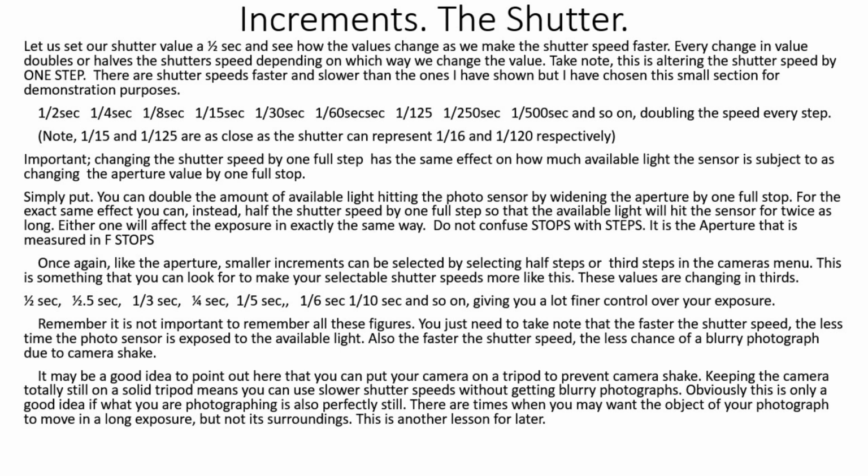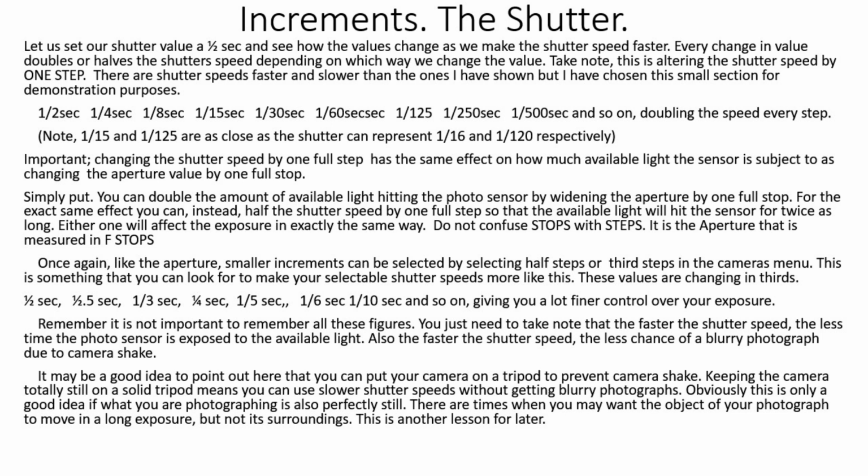There are shutter speeds faster and slower than the ones I have shown, but I have chosen this small section for demonstration purposes. 1/2 of a second, 1/4 of a second, 1/8 of a second, 1/15 of a second, 1/30th of a second, 1/60th of a second, 1/125th of a second, 1/250th of a second, 1/500th of a second, and so on, doubling the speed every step.